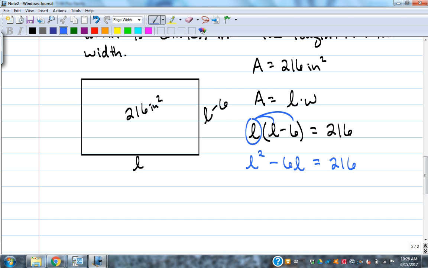Well, this one's not quite as easy as the first example was, because we've got a term in there that's got a plain L. So that means we need to get this problem equal to what? You got to get it equal to 0 so that we can use one of the methods for solving a quadratic in standard form.